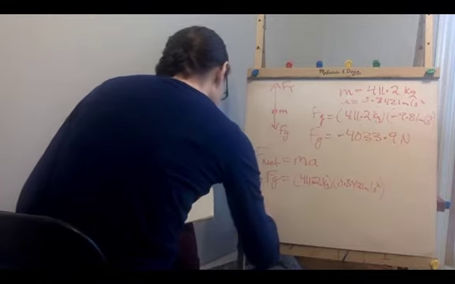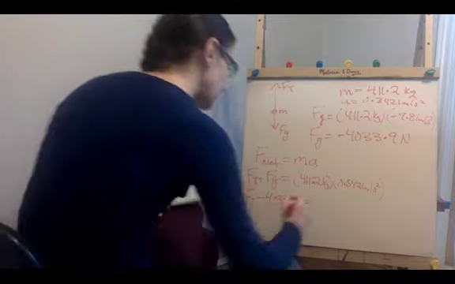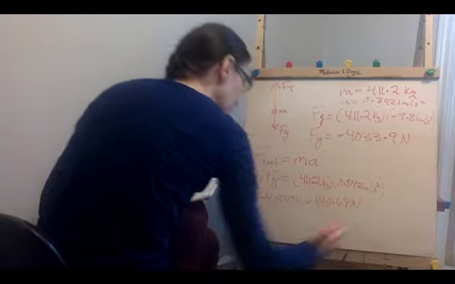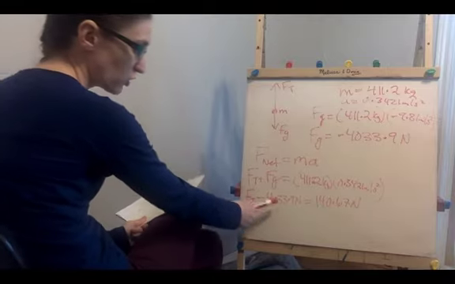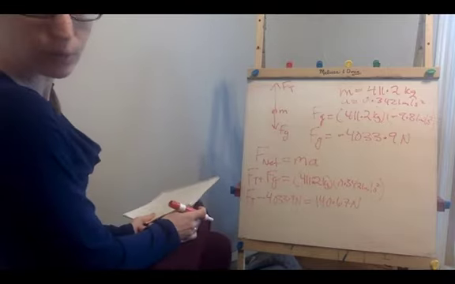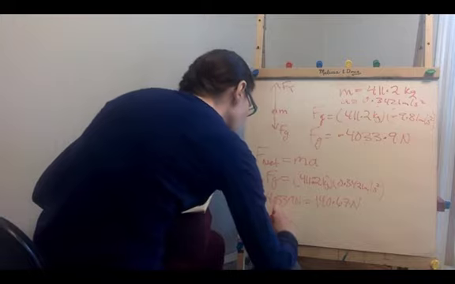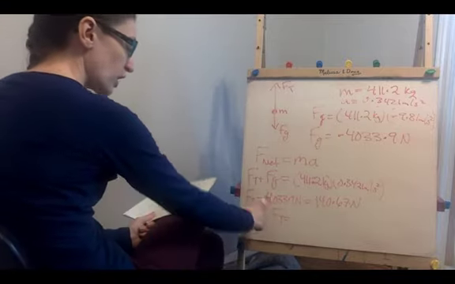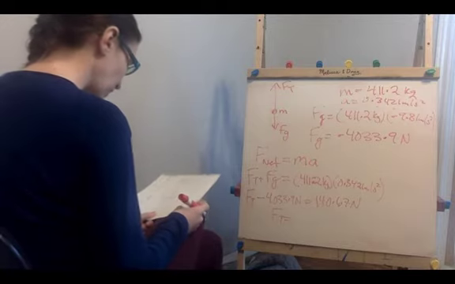So it's force of tension minus 4,033.9 newtons is equal to, when we multiply these two things together, 140.67 newtons. Then to solve for force of tension, we add the 4,033.9 newtons to both sides. So my force of tension will be 140.67 newtons plus 4,033.9 newtons.